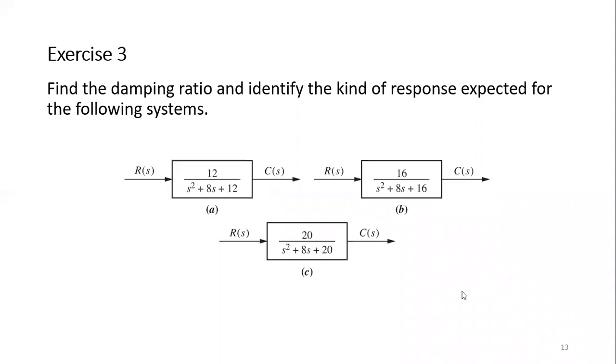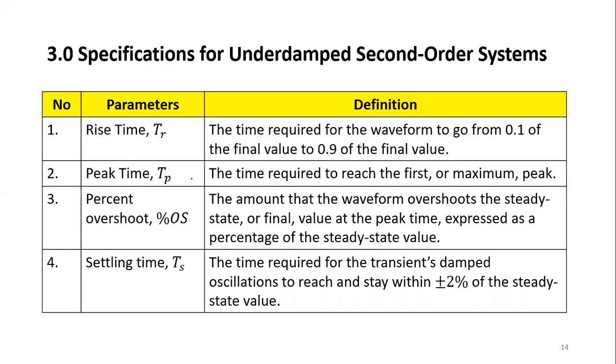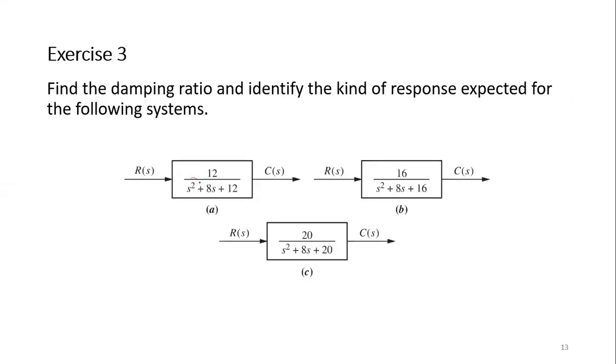Another exercise here. Find the damping ratio and identify the kind of response expected for the following system. Look at this again. You know that everything here is a second order system, right? So the first step is, we can just write the general form of the second order system again: s squared plus 2 times damping ratio, natural frequency s plus natural frequency squared.